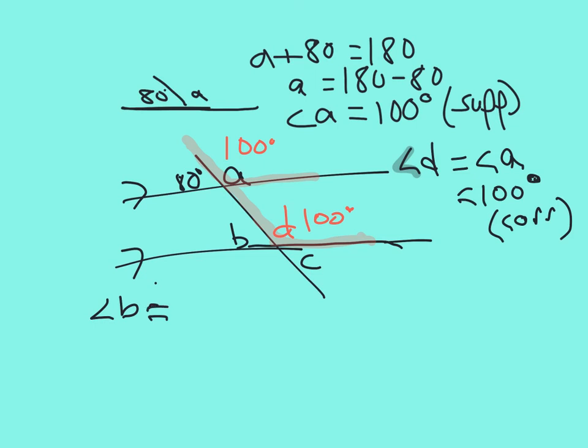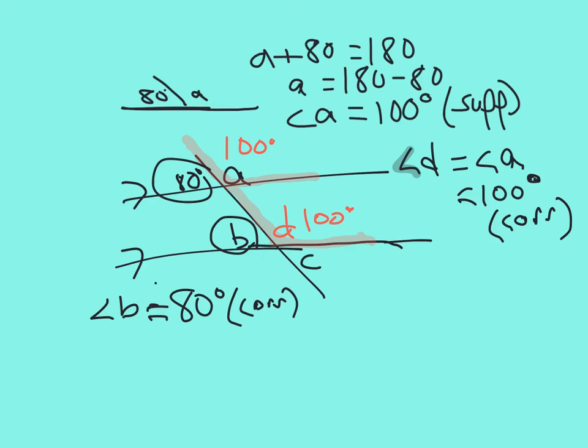So the thing about these angles is, it's however you see them. You might see it differently than I do, but as long as you have your proofs there, it's fine. I just realized I could have just done corresponding there, and it would have been faster, but no harm, no foul. So B equals 80 degrees, and I'm just going to say B is 80 degrees because of corresponding angles.